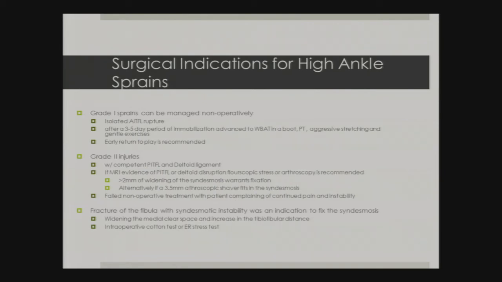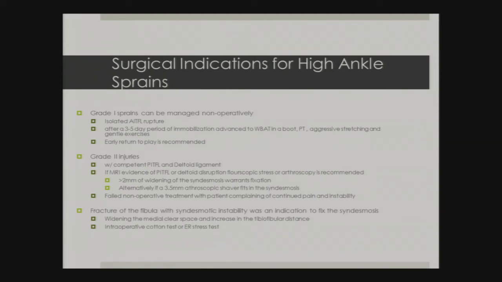Depending on the extent of injury, with a competent PITFL and deltoid ligament, these normally can be managed non-operatively. But these authors recommended that if there was MRI evidence of a PITFL injury or a deltoid disruption, then a fluoroscopic exam or arthroscopic exam was recommended.